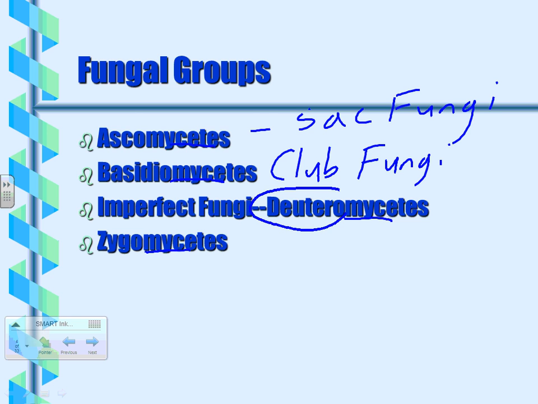I'm not sure in this context what deutero means. These are called imperfect because they don't seem to reproduce how? Sexually. They don't seem to reproduce sexually. They seem to be asexual.